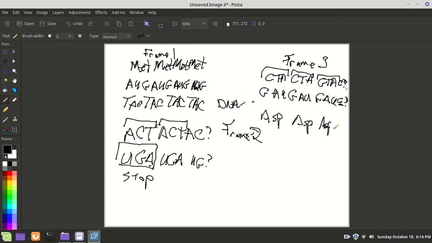Now, you might ask, well, which is worse? Well, here you prematurely stopped making your protein. May make it where it's not functional at all. Don't know. But over here, you're adding on new amino acids. You were supposed to get methionines, and you're getting aspartic acid.